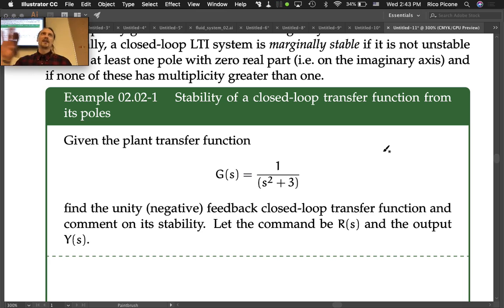It's just the feedback is straight to the command. That's what unity feedback is referring to. And negative means that we do the subtraction instead of addition in the summing junction. So it's standard, just the way that we drew our block diagram in the last lecture, or 2 lectures ago, I guess. Let the command be R and the output be Y.